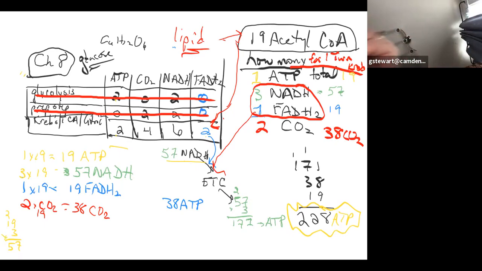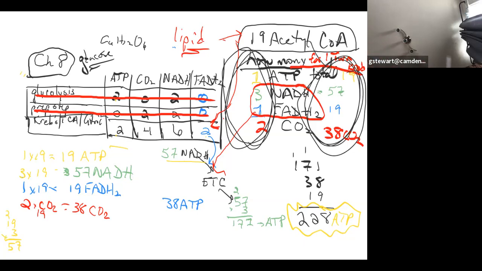No, I wouldn't ask you this entire thing as a single question, but I might ask you a piece of it, right? I might ask you this portion: how many raw materials would you get if you had a molecule that you digested and it had 19 acetyl-CoAs?